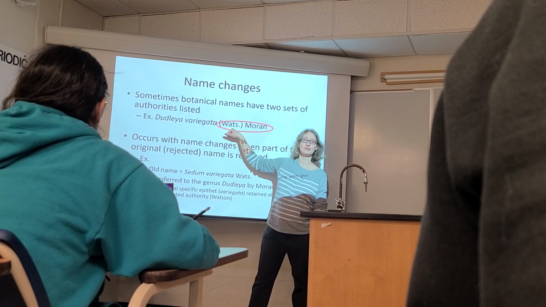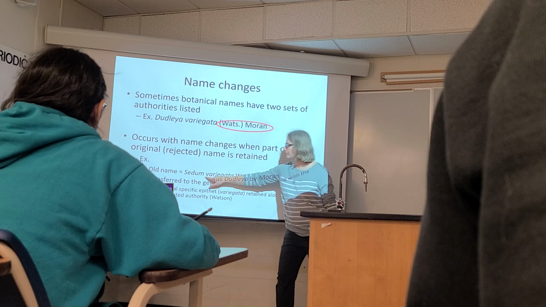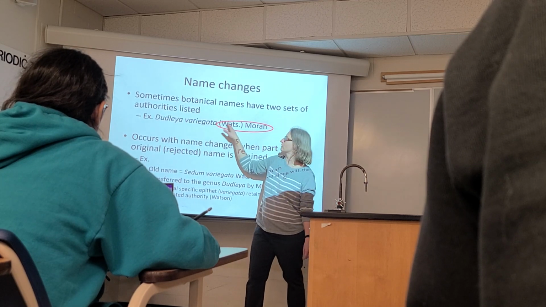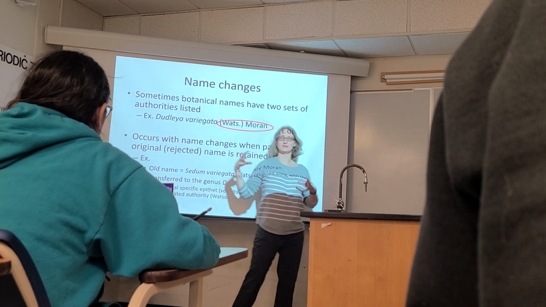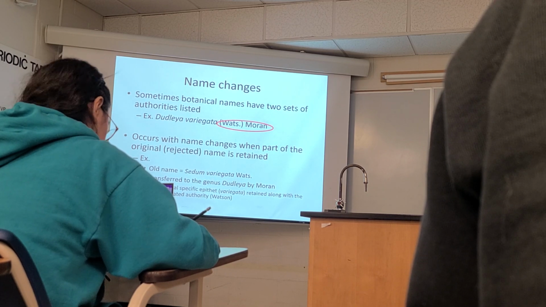Watson did. So we still have to give him that credit. So this used to be the old designation right here. Watson got full credit for that. Now with the new name, Watson is getting credit for part of that, right? But Moran is getting the ultimate credit because he has now renamed the plant, according to the new information that we have, right? And so you'll find that in your book.